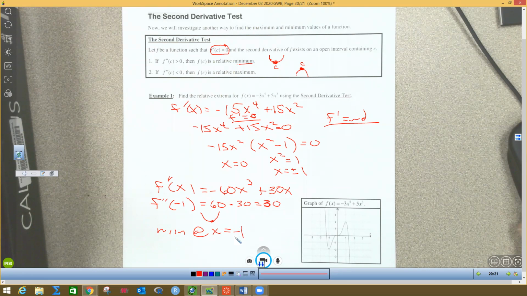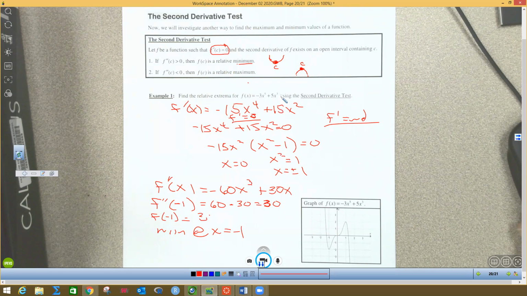Now, I didn't find the value that the minimum equals. All right, it does say to find the extrema, so I need to plug negative 1 into the original function to find the y value that goes with that. So I'm going to take negative 1 to the 5th power, which is negative 1, times negative 3 is 3.